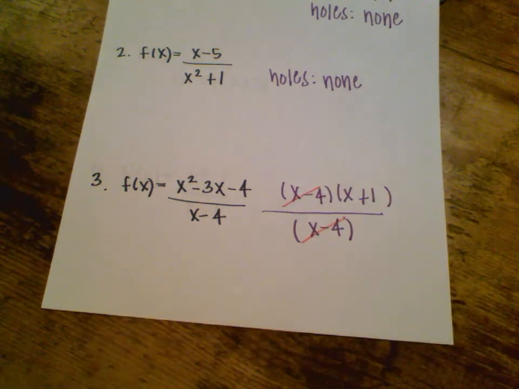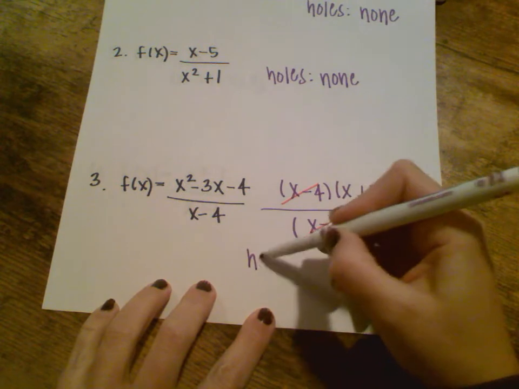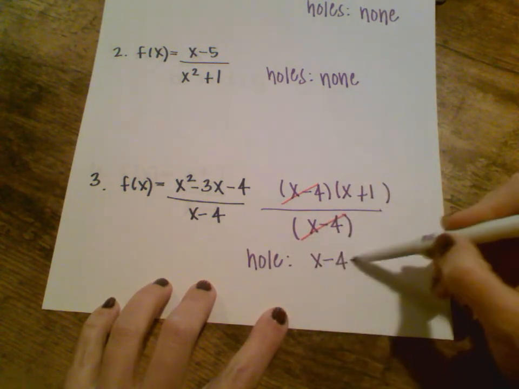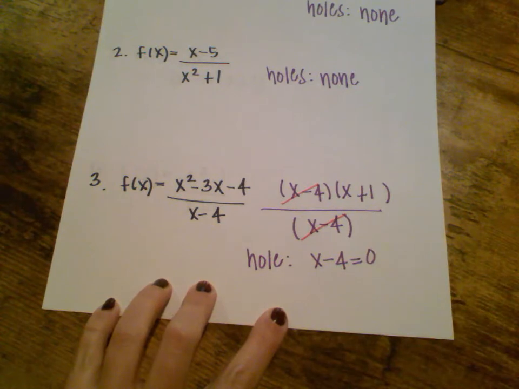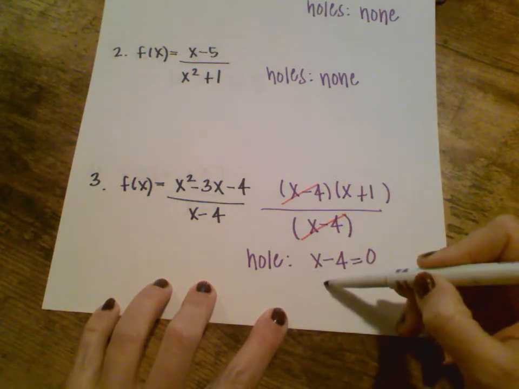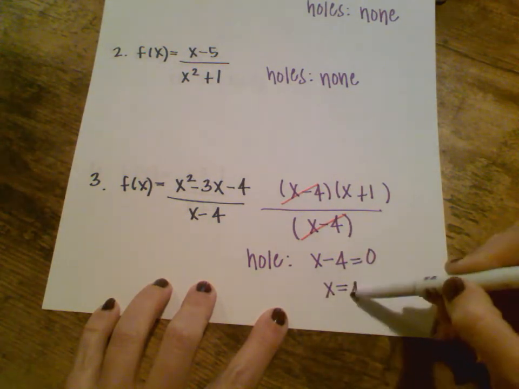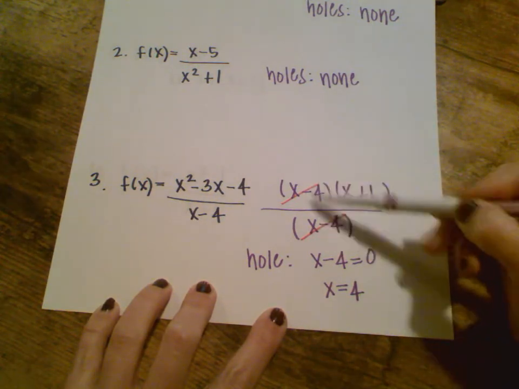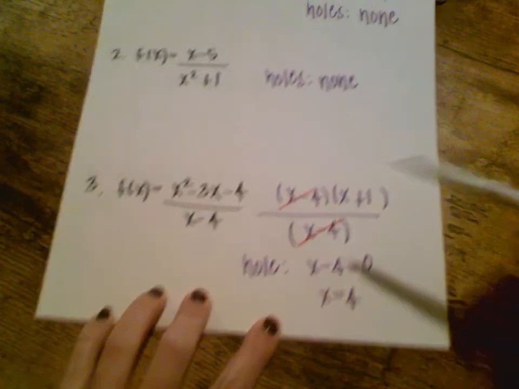So that is going to give us a hole in the graph. We're going to take that factor, set it equal to 0, and solve. So when we add 4 to both sides, the hole is when x equals 4. And again, because x minus 4 was on top and bottom, we have a hole.